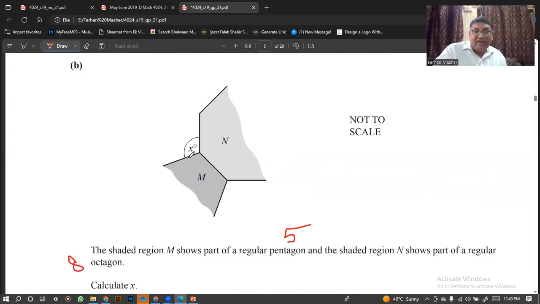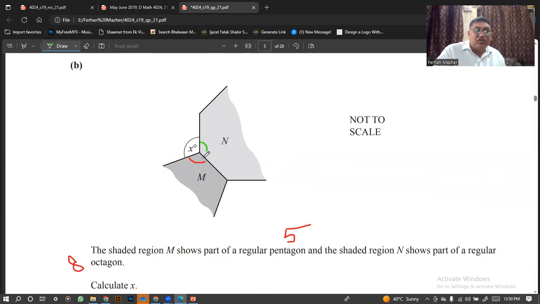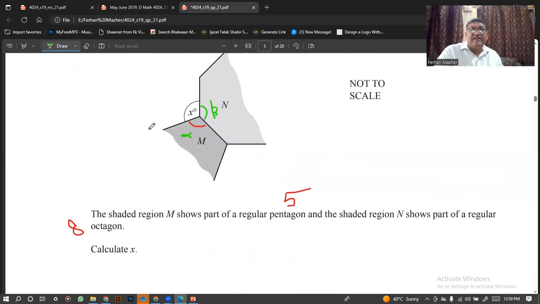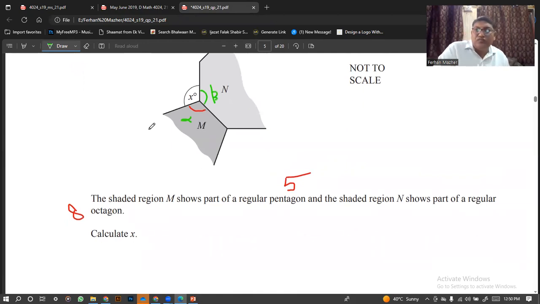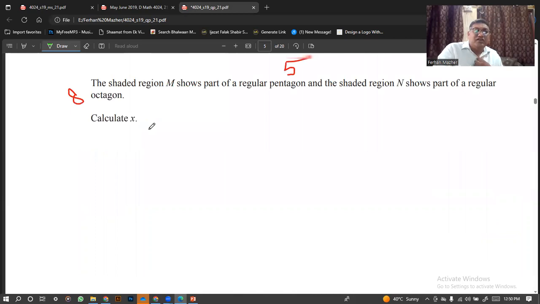So we can calculate the internal angle of the pentagon, and we can also calculate the internal angle of this octagon. So once I know this alpha, and once I know this beta, then I will add alpha plus beta plus x, and that will be equal to 360, and that will give you the x value. Very simple. It's a 3 marks question.